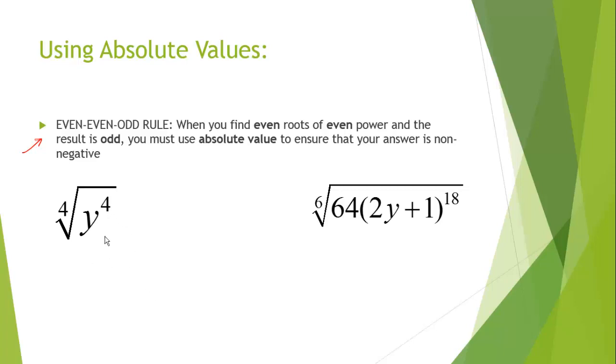The reason is because we don't know the value of y in this first example, but because we're dealing with an even root and an even power, we have to have a positive value. Because if we have a negative value, we won't necessarily get the same answer. So instead of this being just y to the first, it's going to be the absolute value of y to the first, because we have an even index of an even power with an odd answer.